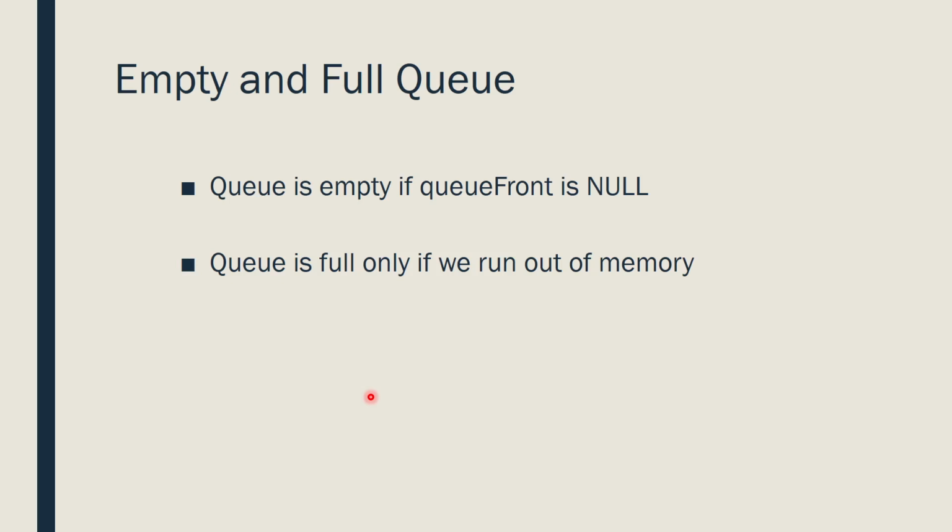You can know that the queue is empty if queue front is null, and the queue is full if and only if we run out of memory, meaning you don't have the space to add a new element.